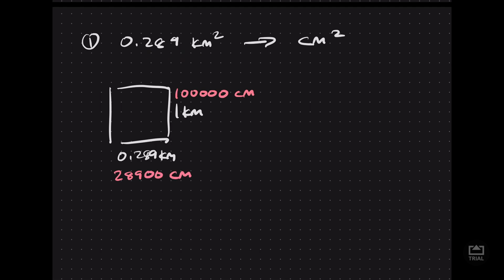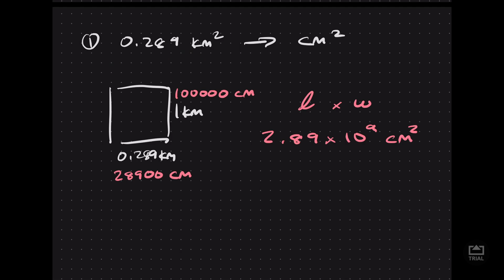And now if I was to multiply these two together, we're going to get 2.89 times 10 to the 9, and it would be in centimeters squared. So I can do that by first converting the units, sort of drawing it out like this and converting the units from kilometers to centimeters, and then doing the calculation of length times width right here to get our area.